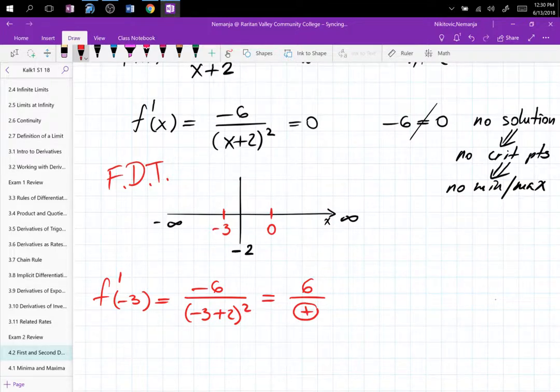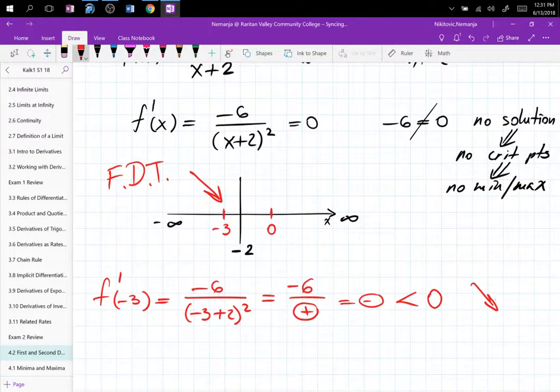If you square 3, 3 times 3 is positive 9. If you square negative 3, you get negative 3 times negative 3, which is positive 9 again. So as long as you have an even exponent in the denominator, it's going to be positive. So I have negative 6 divided by a positive number. That's negative. I didn't even compute the value. I don't care. Negative numbers are less than 0. That's a decrease.